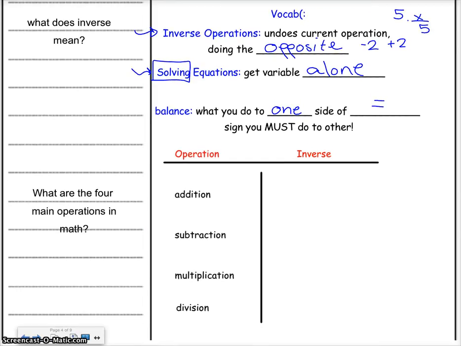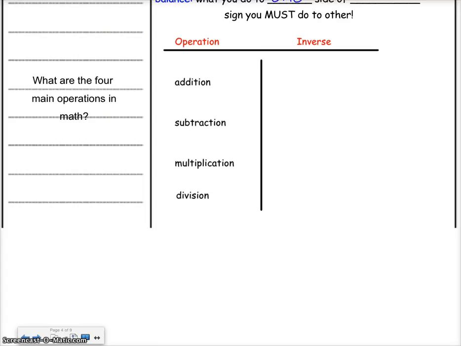So here I'm just making sure that you understand what the inverse operation is. Inverse, again, think opposite operation. So what's the opposite of adding? Yep, so if you want to get rid of add, you'll subtract. If you want to get rid of subtraction, what's the inverse? Add.